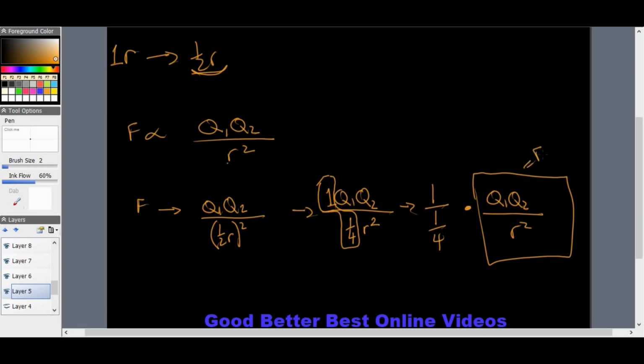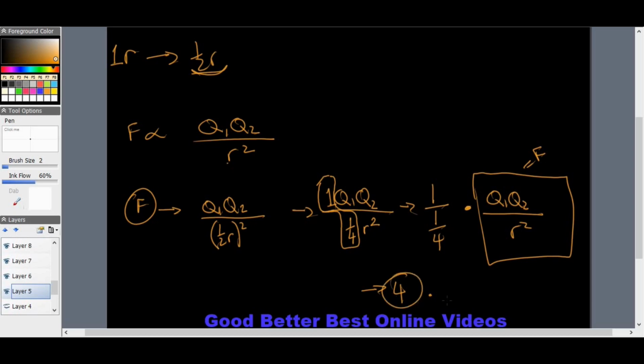This is equal to the force over here. So 1 divided by a quarter. What is 1 divided by a quarter? Anybody? Thank you, Nadima. 4. It's 4. So 4 times what the force is equal to, which is Q1, Q2 over R squared.